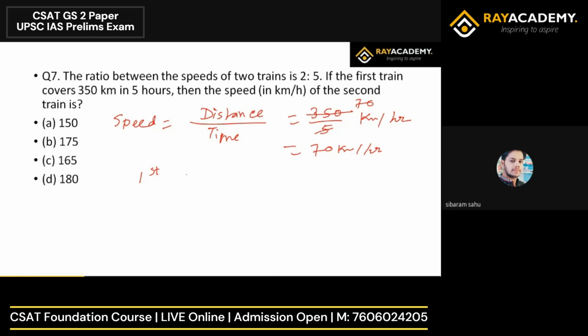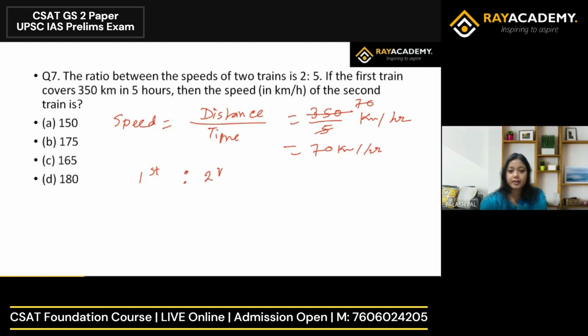So first train to second train is 2:5. That means in the ratio, first train speed is 2, second train speed is 5. But in our question, the first train speed is 70. That means in the ratio, 2 is equivalent to 70.